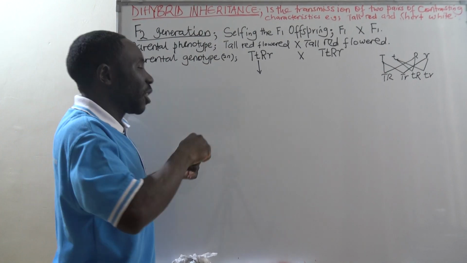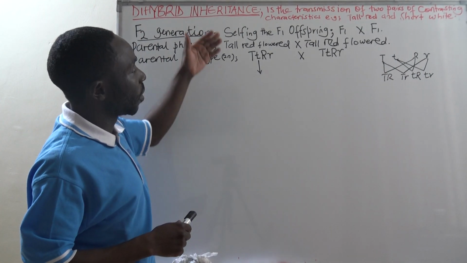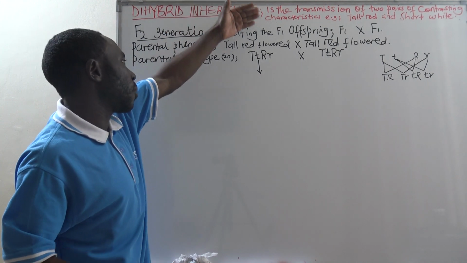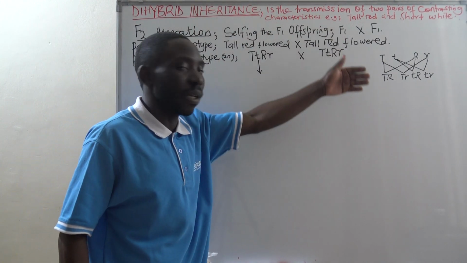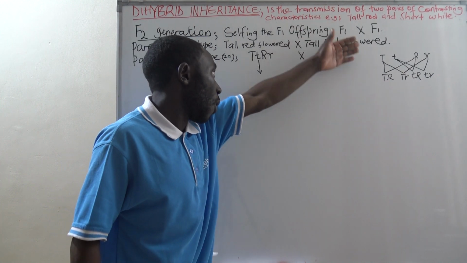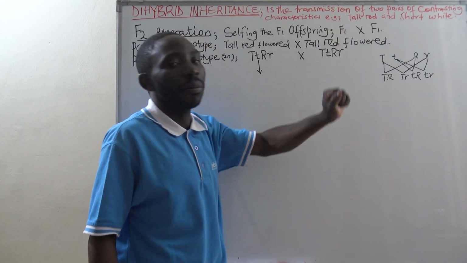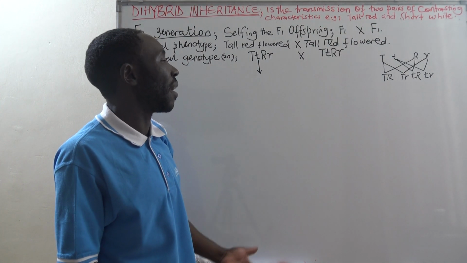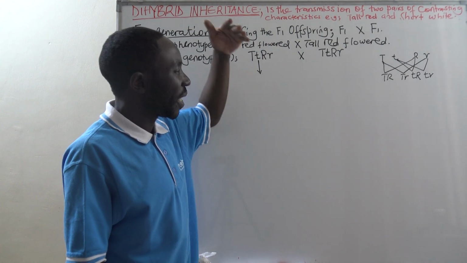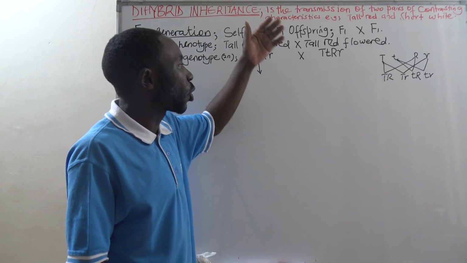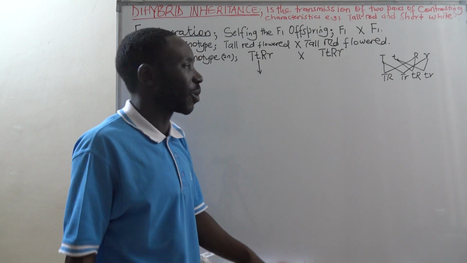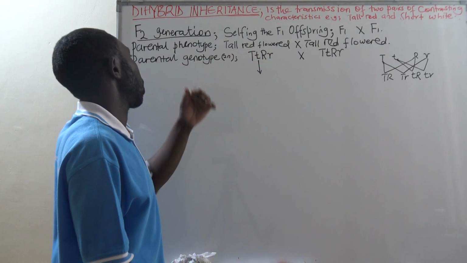In the F2 generation, the second filial generation, we are selfing the F1 offspring, that is F1 crossed with F1. Briefly, this is the same as self-pollinating two F1 individuals as shown on the board.